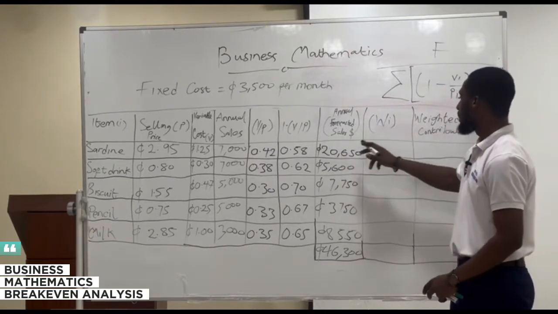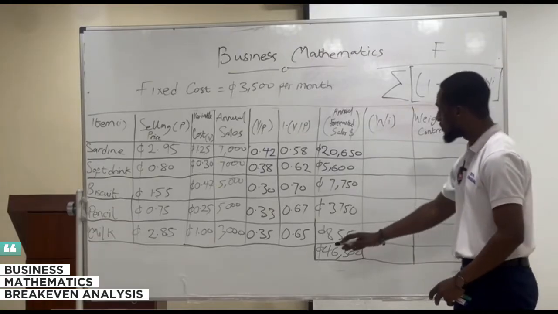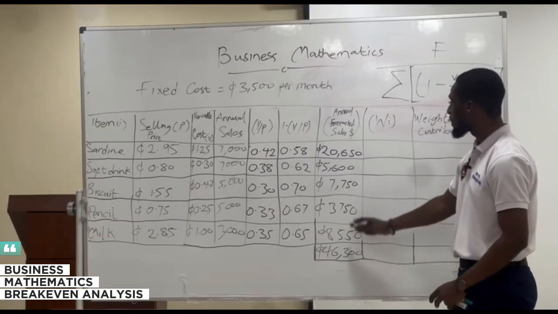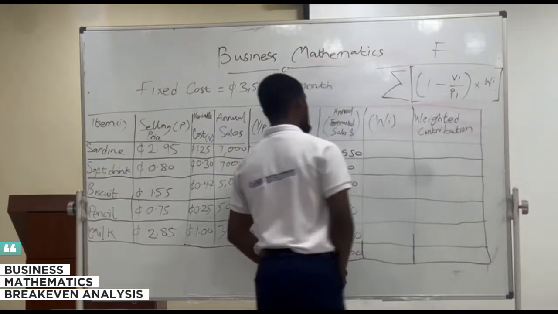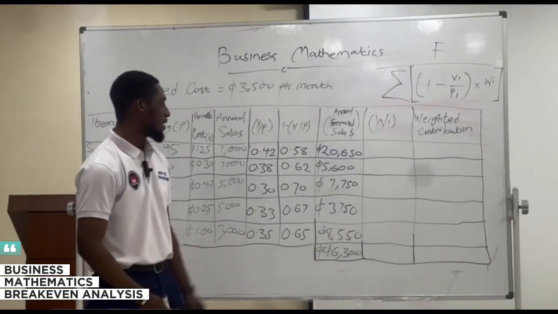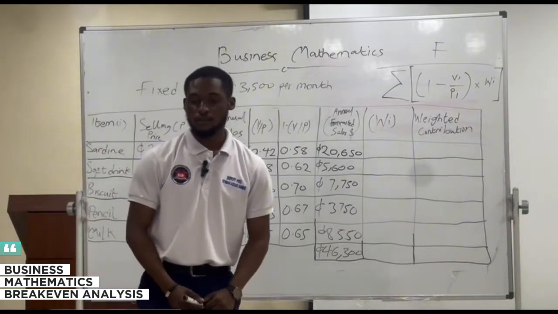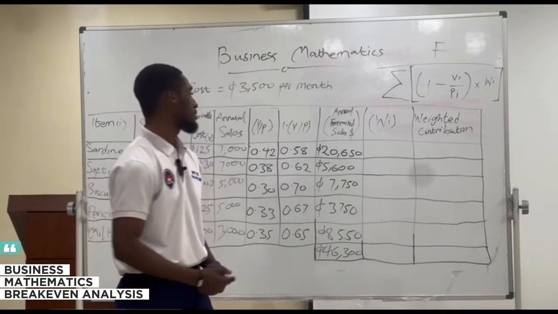You take the annual forecasted sale of each item, then you divide it by the total annual forecasted sale. So if we divide 20,650 cedis by 46,300, we get 0.446.